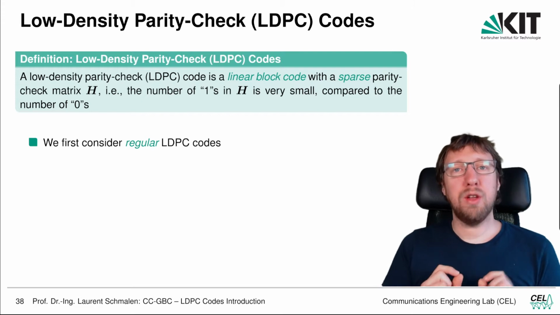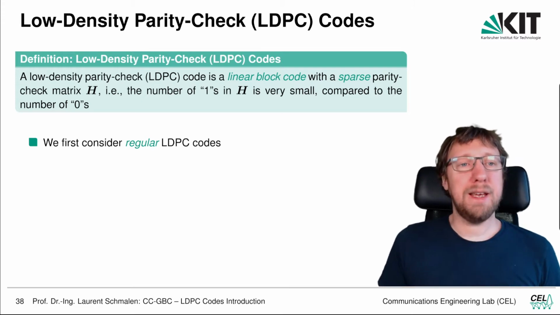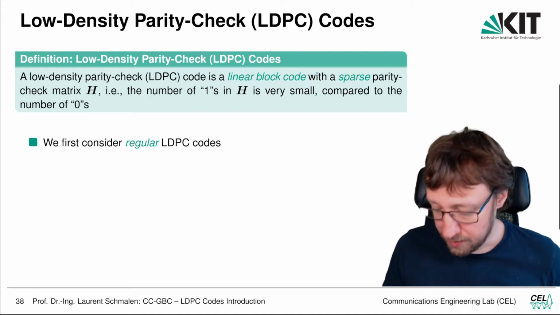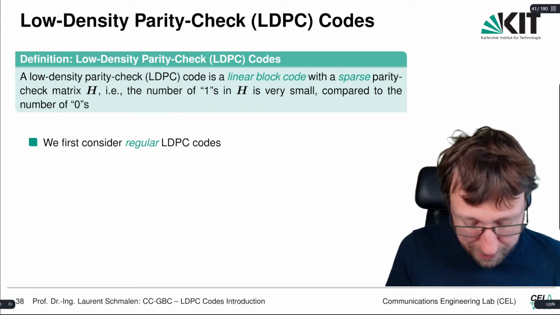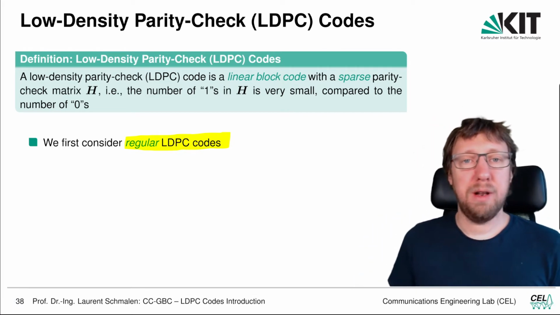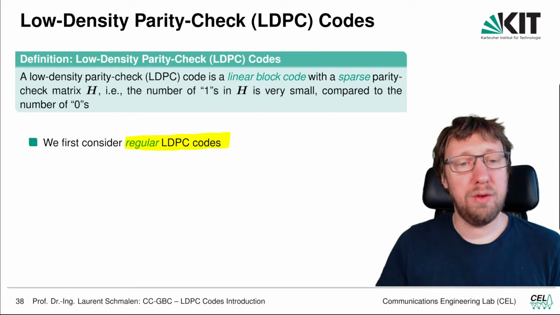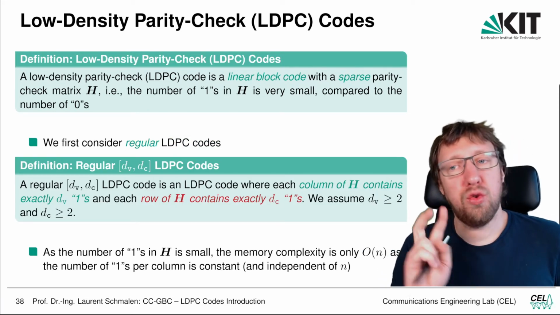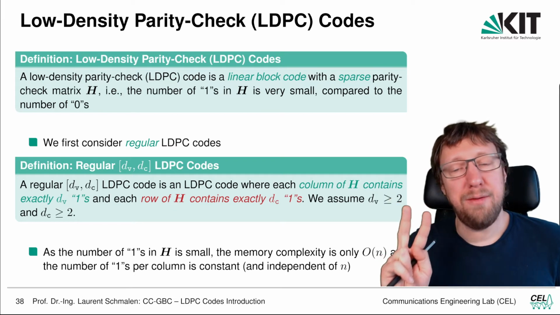The first thing we're going to look at is the most basic class of LDPC codes that Gallager already looked at. That's the so-called regular LDPC code. A regular LDPC code has a very simple definition. It has two parameters, dv and dc.